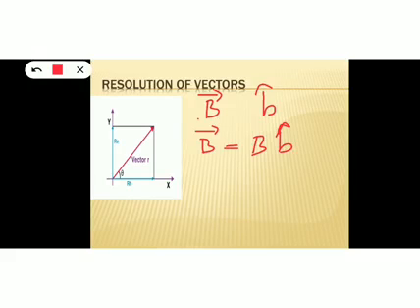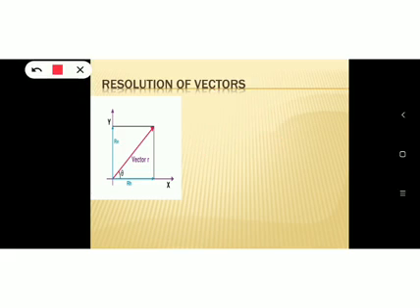Now we can resolve a vector A in terms of the component vectors i and j. Here, instead of vector r, we can consider vector A, and the unit vector along the x-axis is i cap, and the unit vector along the y-axis is, let it be, j cap.